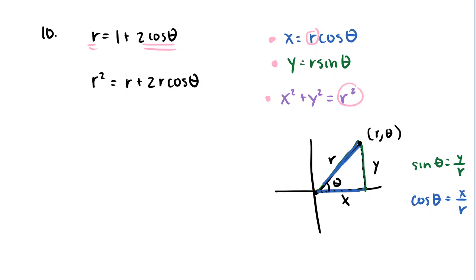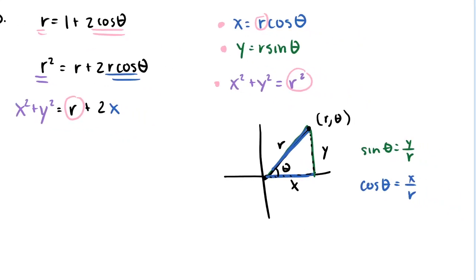And we can make some translations here. R squared, that's the same as x squared plus y squared. And then here this is equal to r, and we don't have any translation for that as is, plus 2 times x, since r cosine of theta is just x. Now how do we get r? Well, if r squared is equal to x squared plus y squared, r is going to be plus or minus the square root of x squared plus y squared.